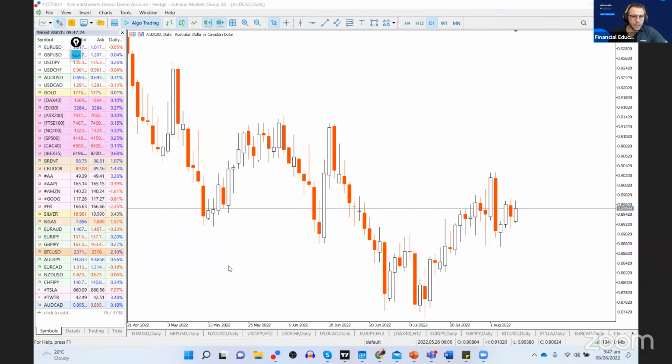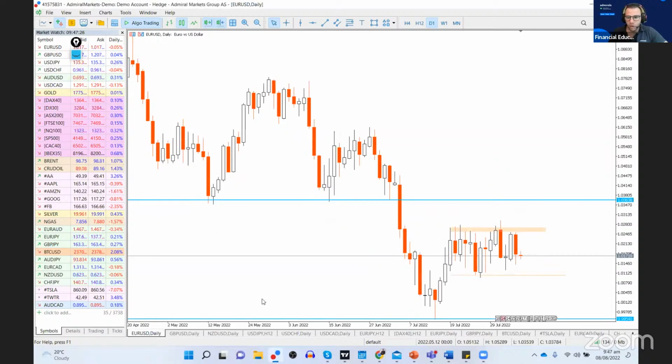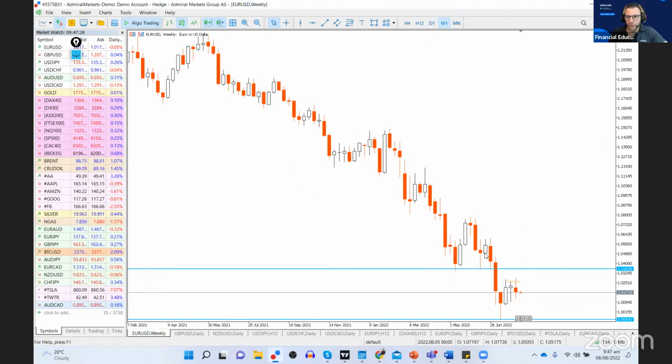Okay, so let's move on. Euro US dollar weekly chart, we see that this lower low, it's still intact. The market is trying to make its way out of this zone.